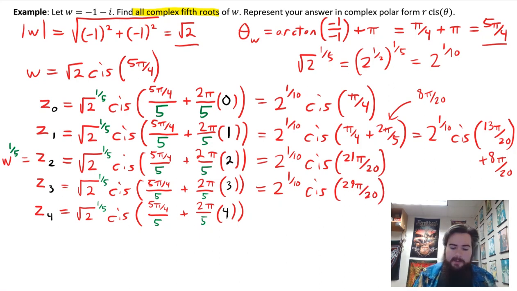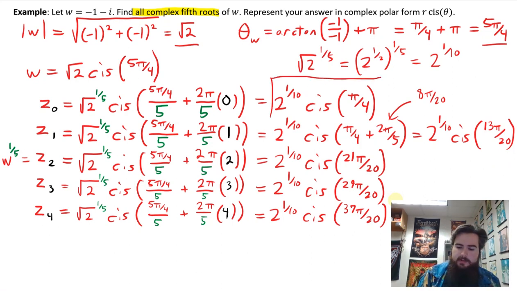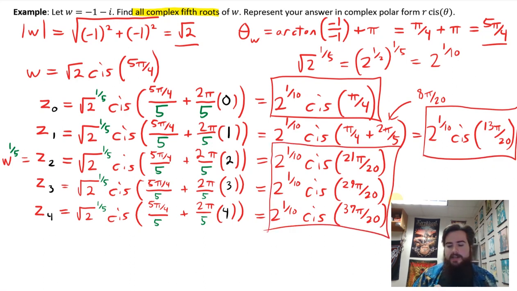And then plus another 8 pi 20ths after that. 29 plus 8 would give me 37 pi over 20. So we have our 5 answers. First one there. Second one here. The last 3 here.